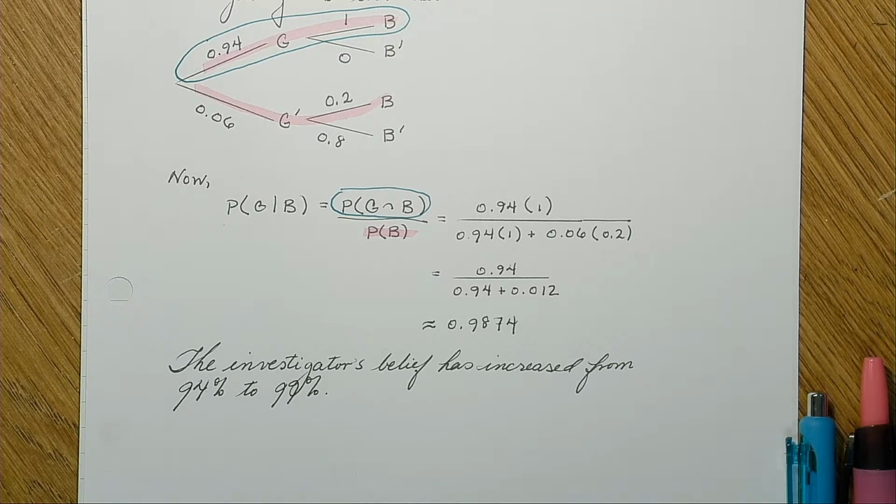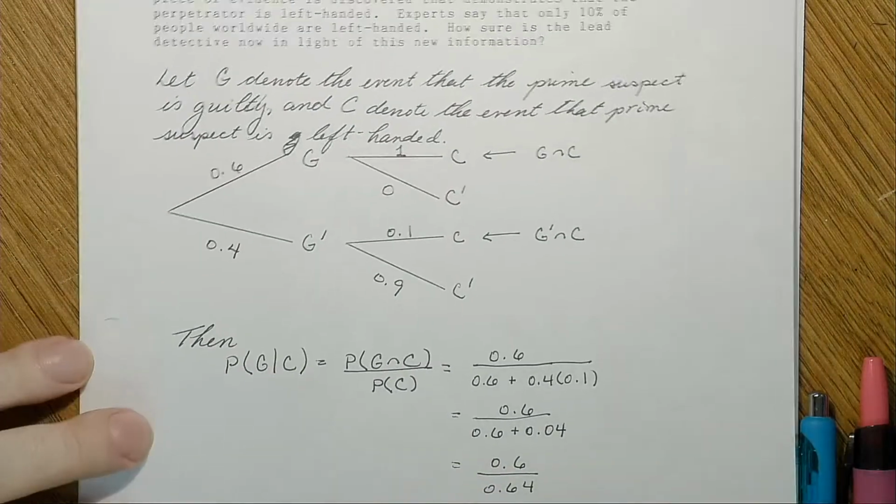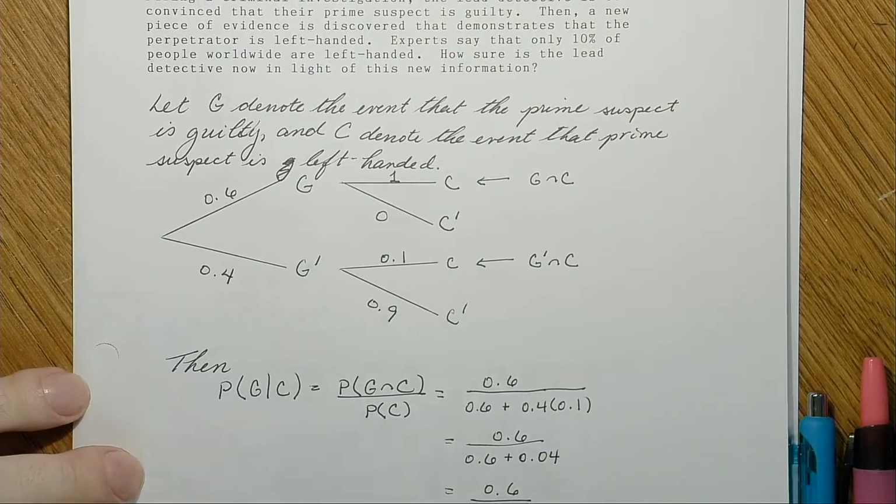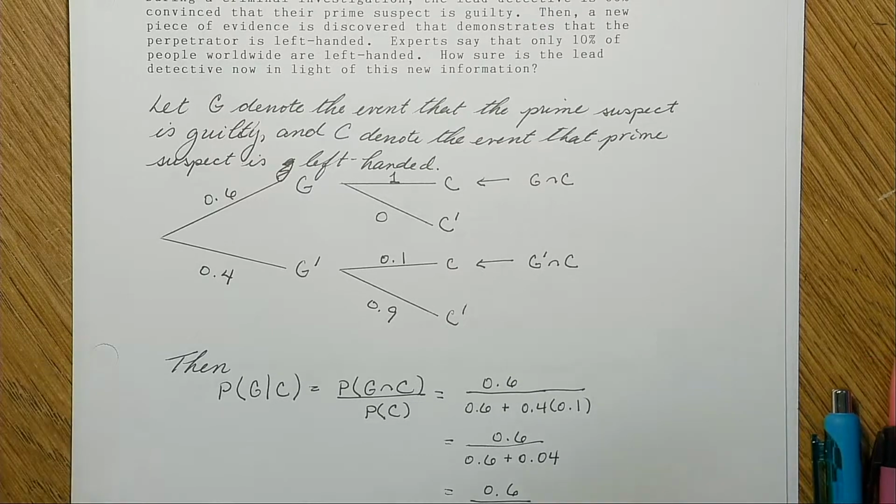So what would be not Bayesian to do is to ignore that new information as it's coming in. So it's okay to update, in light of new evidence, your belief about something.